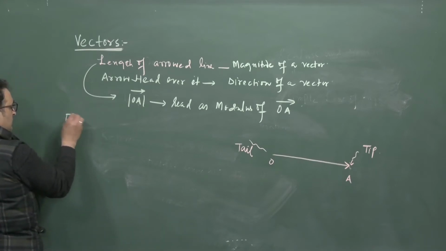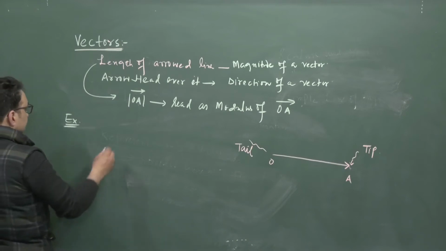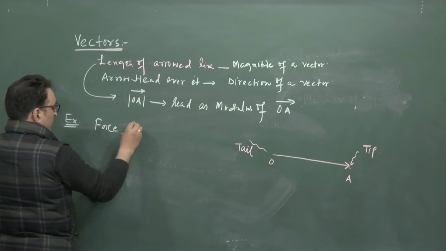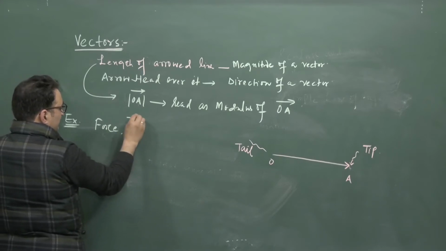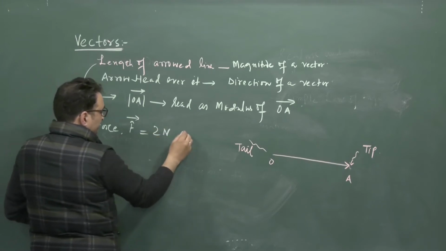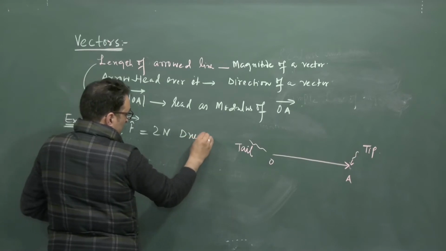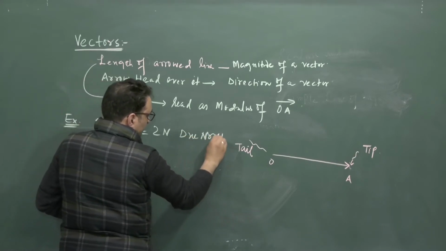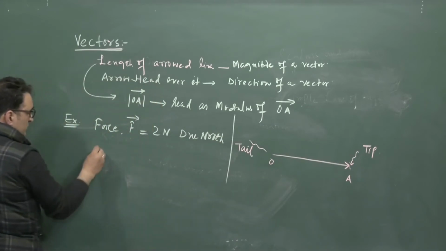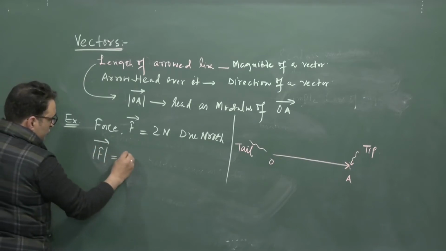Now, for example, if we have the force F is equal to 2 Newton due north, the magnitude of this force, which can be represented by modulus of F, is 2 Newton.